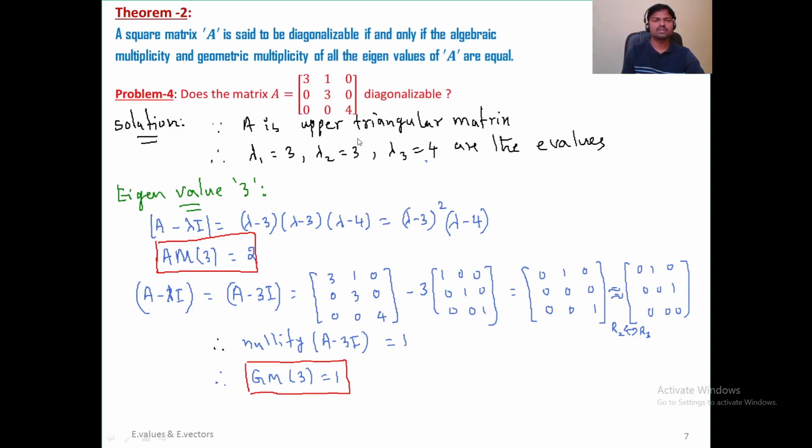Here the eigenvalue is repeated, there also the eigenvalue is repeated, but that one is not diagonalizable, while the problem number 5 matrix is diagonalizable. Therefore what I want to say is, if the eigenvalues are repeating, we cannot say immediately that it is not diagonalizable. We have to apply this theorem, and based on this theorem we can conclude whether it is diagonalizable or not.